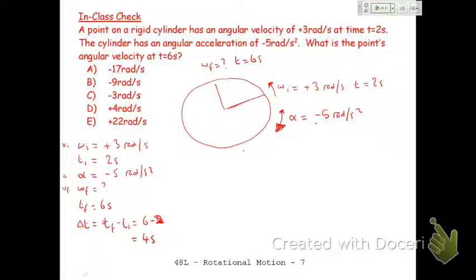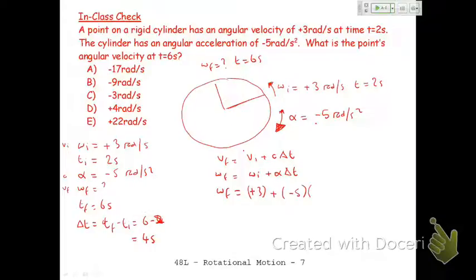Oh, I know what this is. I'm going to say VF is equal to VI plus A delta T, and that translates into omega F is equal to omega I plus alpha times delta T. So omega F is equal to, what was my omega I, +3, added to, what is my alpha, -5, times what is my t?